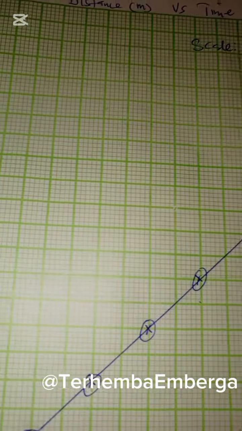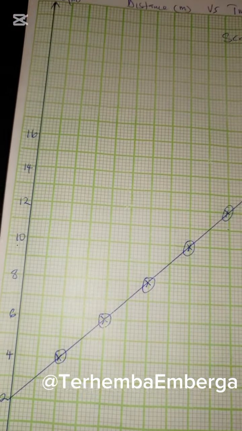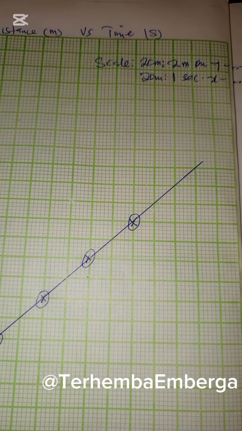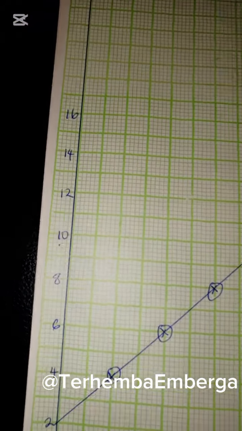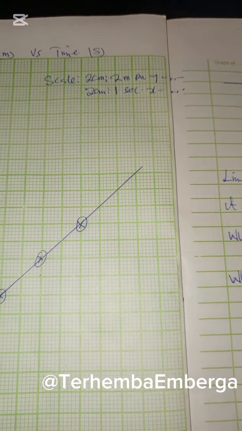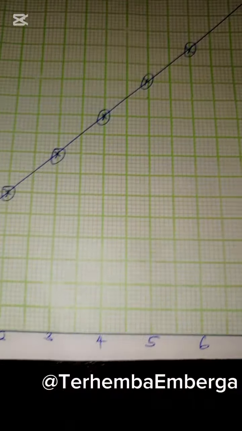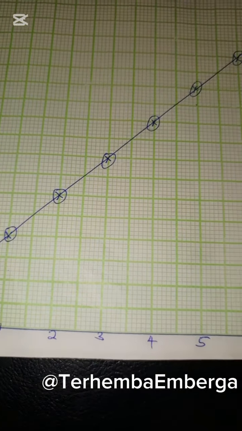The values are plotted here using a scale of 2 cm to 2 meters on the y-axis and 2 cm to 1 second on the x-axis.